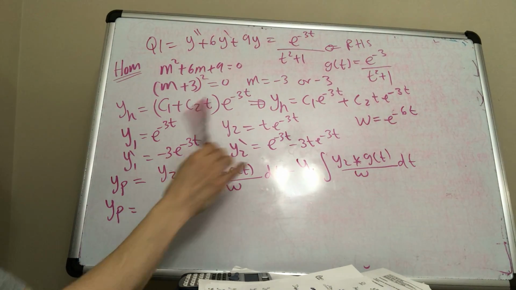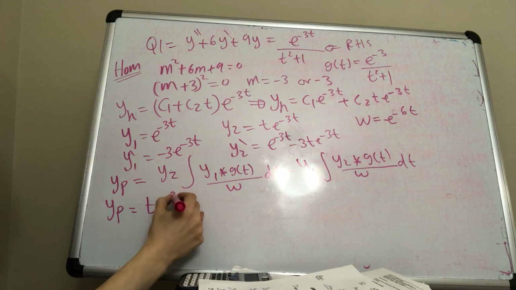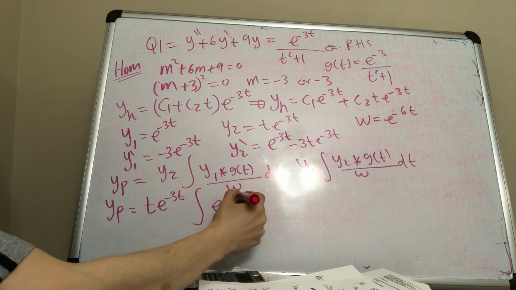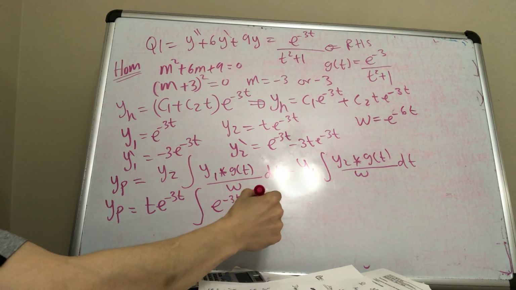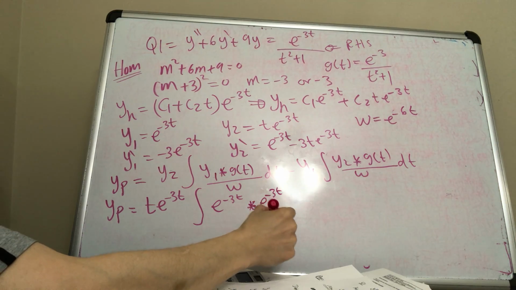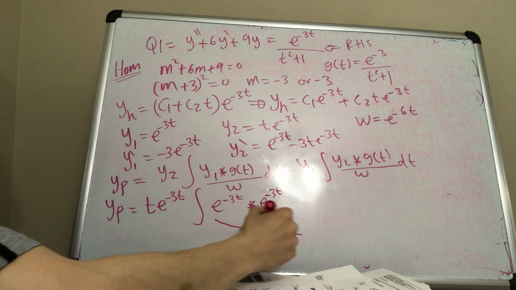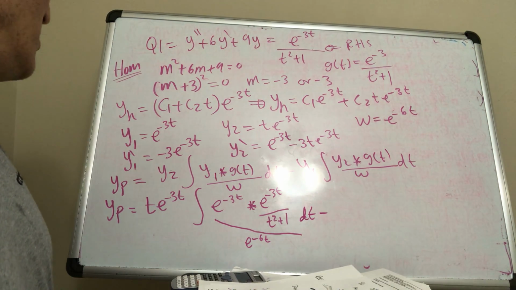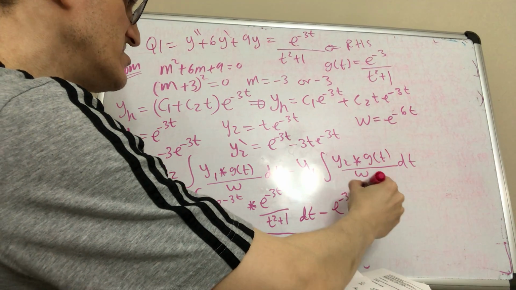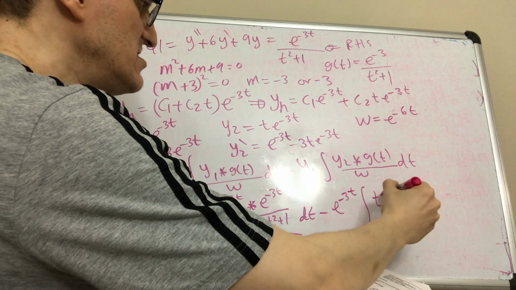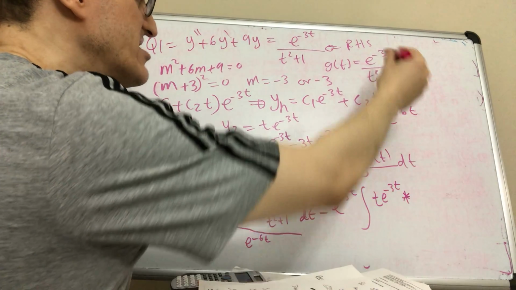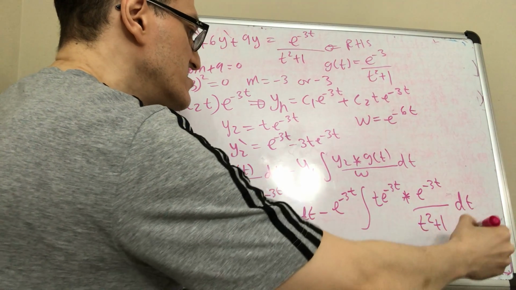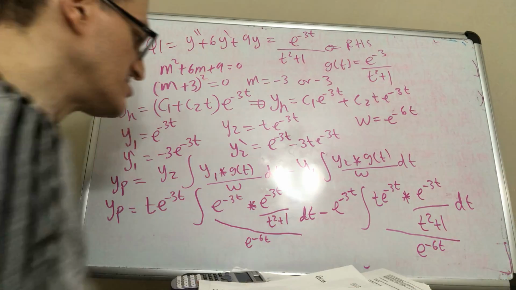Okay, y2 is t e to the minus 3t. y1 is e to the minus 3t into g, which is negative 3t over t squared plus 1, all over W, which is e to the negative 6t dt. y1 is this, y2 is t e to the minus 3t times the g function over t squared plus 1 dt over W, e to the negative 6t.